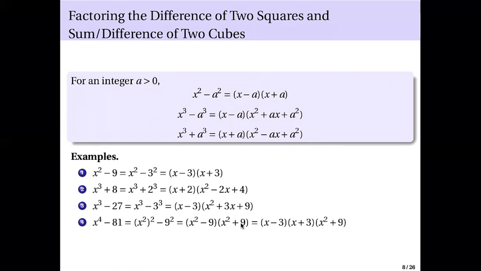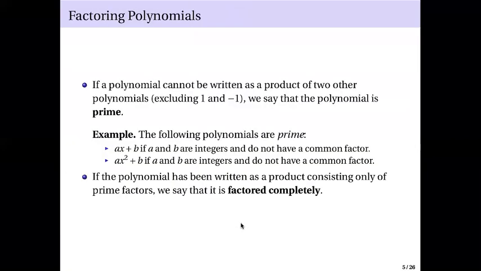If we go back to that particular slide, you have ax squared plus b. It is prime if a and b are integers and they do not have a common factor.